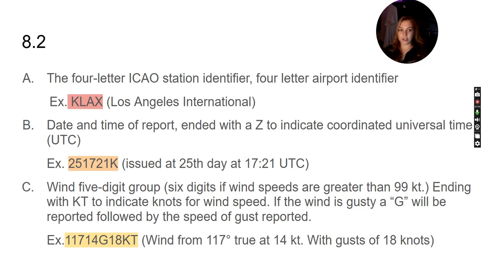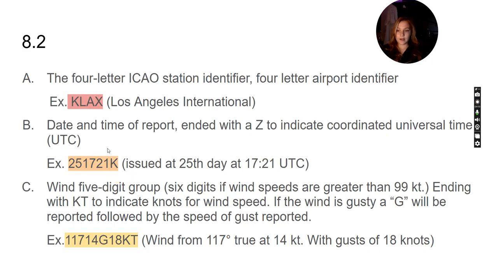So that's just good to know what the K means. You're still in America. Then the date and time of the report ending with a Z to indicate Coordinated Universal Time. So here it's the 25th day of the month at 17:21 universal time.